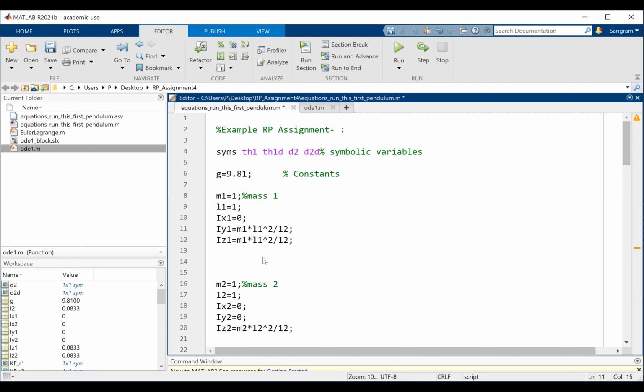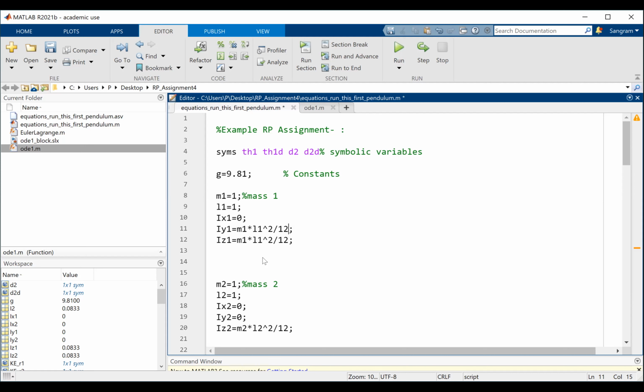What I'm showing here is, this is X, this is Y, and Z is coming up. Using this sign convention, this is L1, this is W1, and this is H1. So you would substitute that in there.